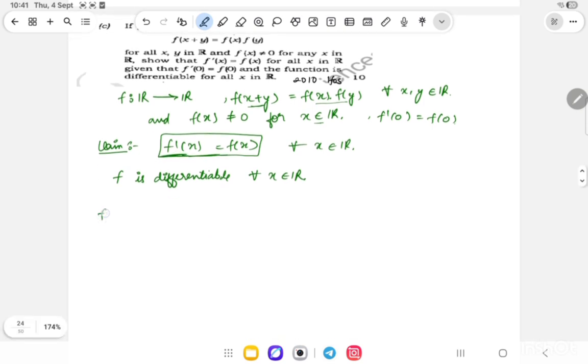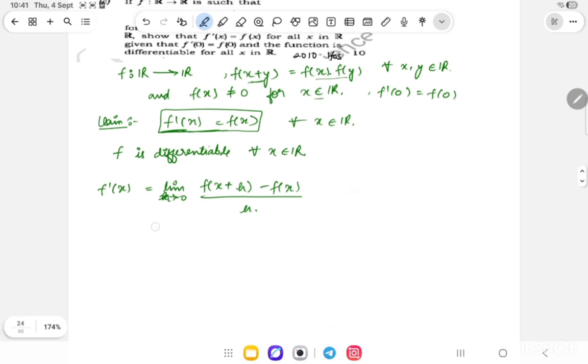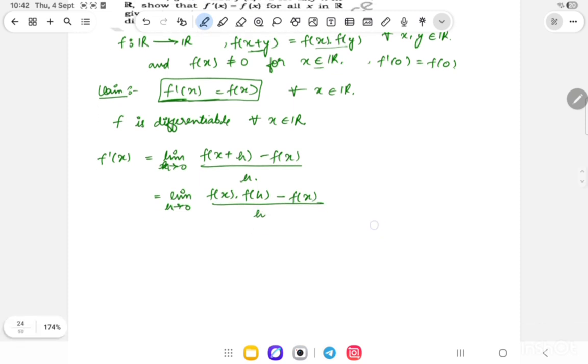To prove that, the definition of f dash x will be the limit as h approaches 0 of f(x plus h) minus f(x) upon h. But my f(x plus y) is f(x) dot f(y), so this limit will reduce to the limit as h approaches 0 of f(x) dot f(h) minus f(x) upon h.